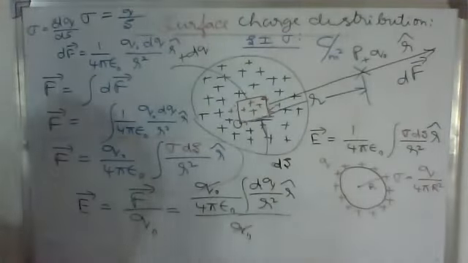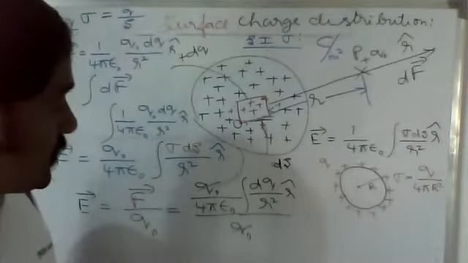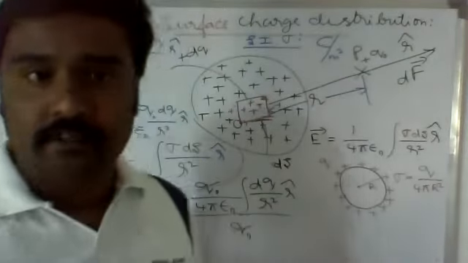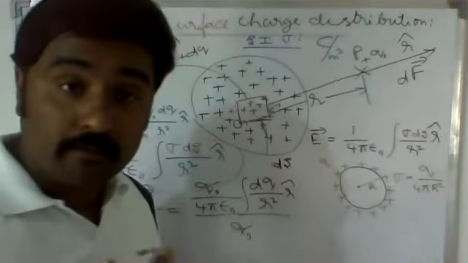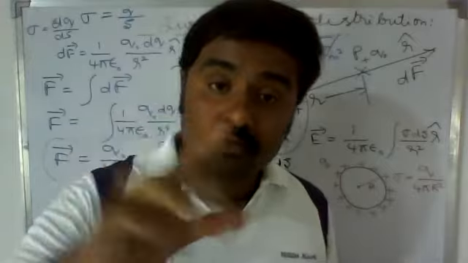Surface charge distribution entirely depends on what? The shape of the conductor. If the shape of the conductor is uniform, the surface charge distribution is also uniform.